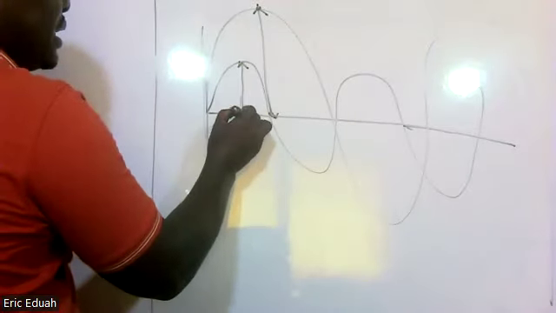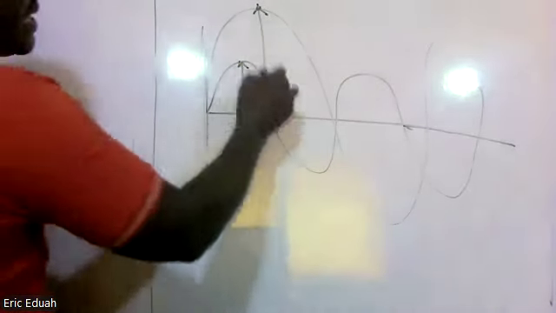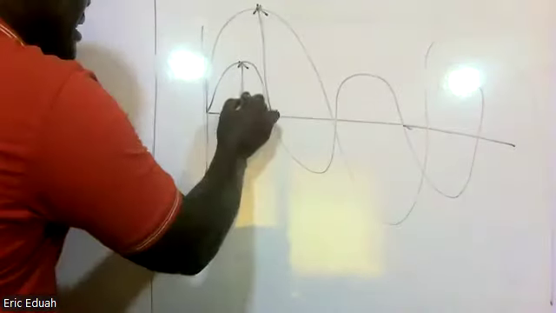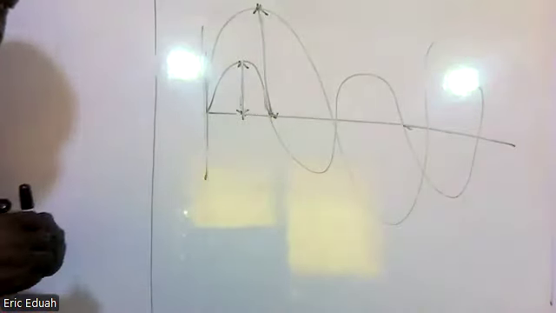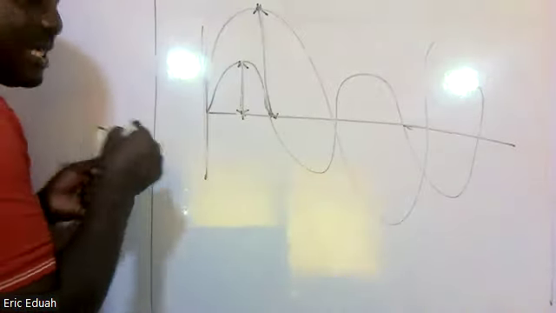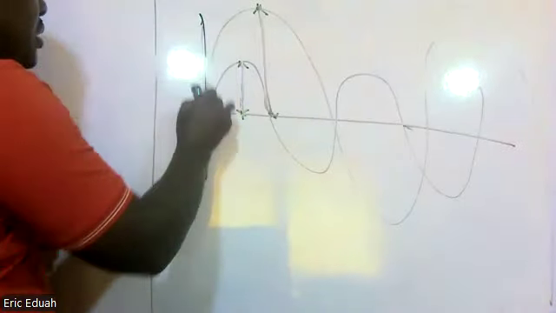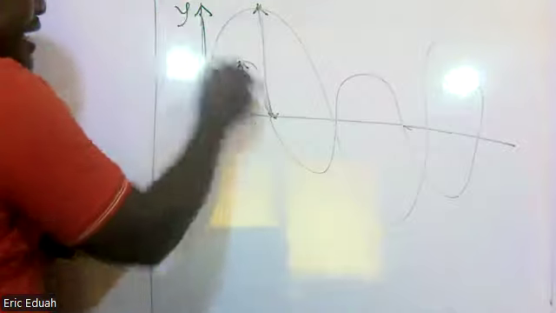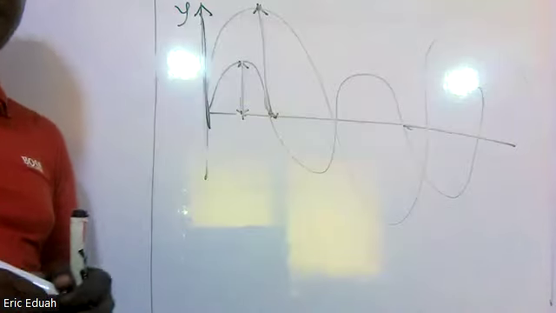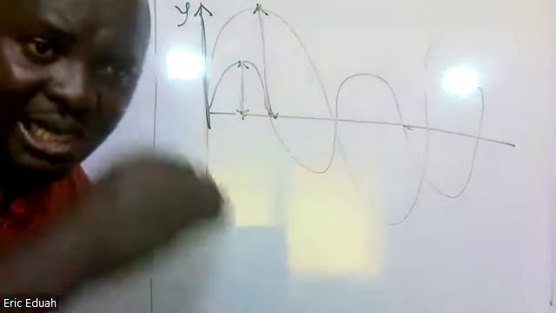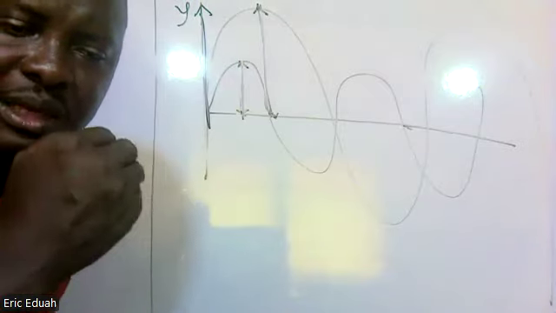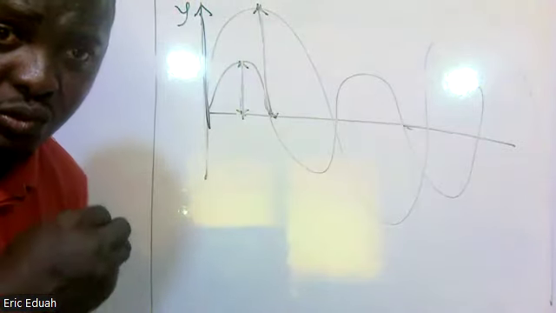So by this drawing, it means that this one is more energetic than this one. And this side along the y-axis is the amplitude. This height above x, along the y-axis, is the amplitude.